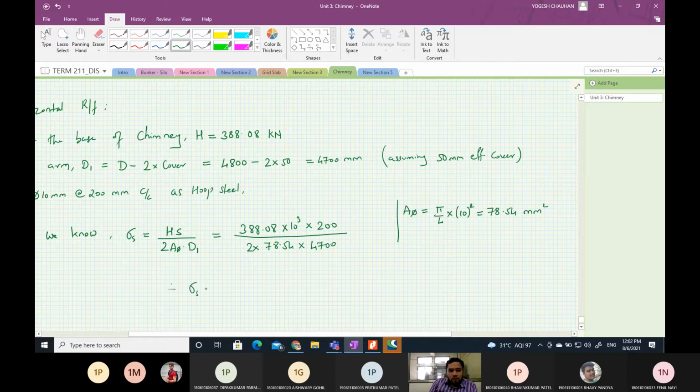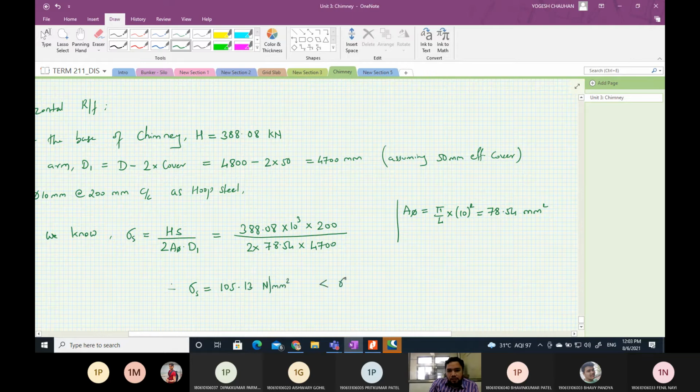Therefore, sigma s, which is the stress in the hoop steel, will be equal to 388.08 into 10 to the power 3 multiplied by 200 divided by 2 into 78.5 multiplied by 4700. So it is around 105.13 Newton per mm square.